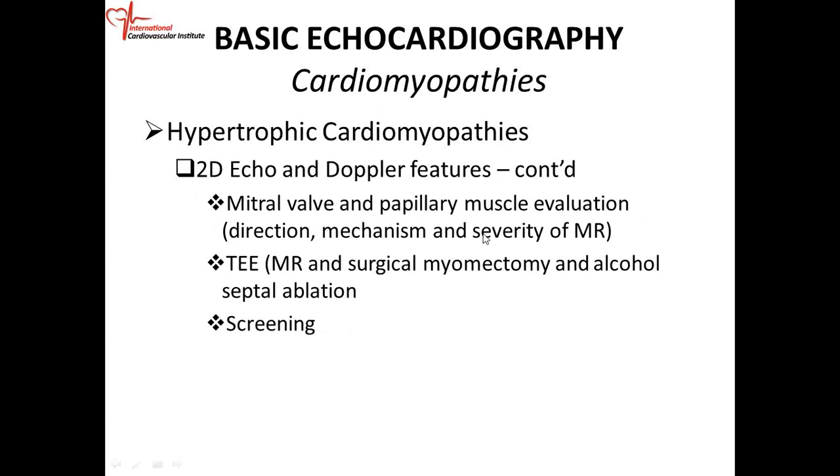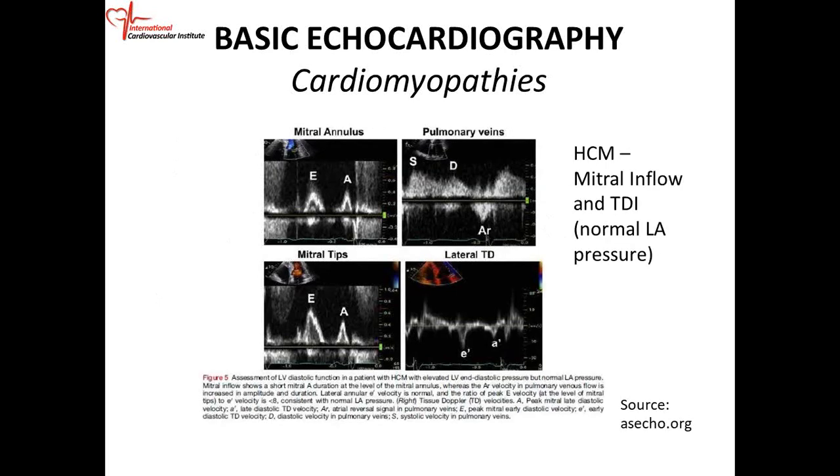When you look at the mitral valve and your papillary muscle, you can see if you have SAM, systolic anterior motion of the mitral valve, okay? And then your transesophageal echo, you can do either surgical myomectomy or you can do alcohol septal ablation, okay? And you have to screen the first degree relatives of these patients with hypertrophic cardiomyopathy because, as we mentioned before, it runs in the family, it's a genetic phenomenon.